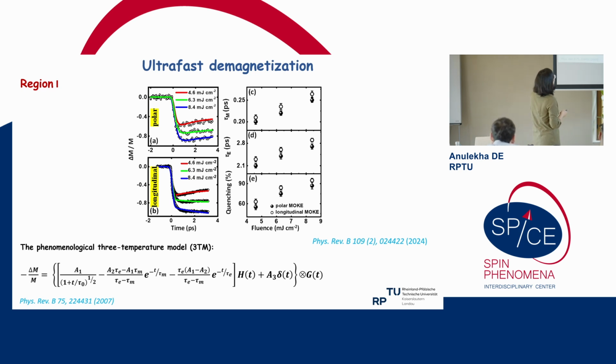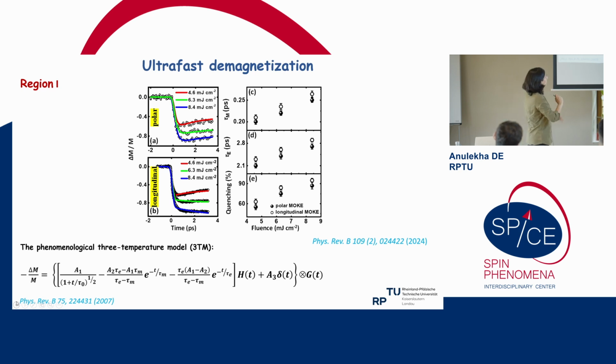Eventually we found that the ultrafast demagnetization does not basically depend on the geometry of the MOKE. We fitted the demagnetization traces in polar and longitudinal MOKE by the phenomenological 3 temperature model to extract the demagnetization time and the fast remagnetization time.